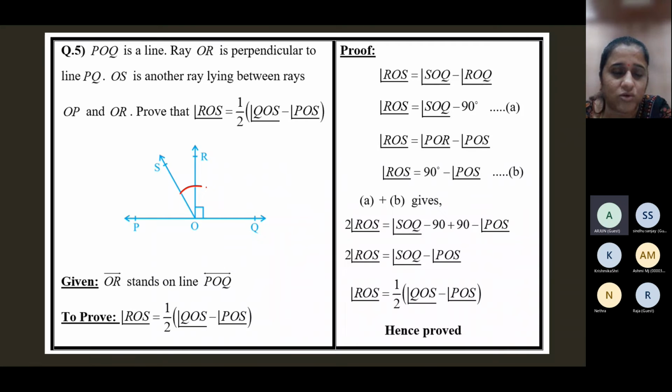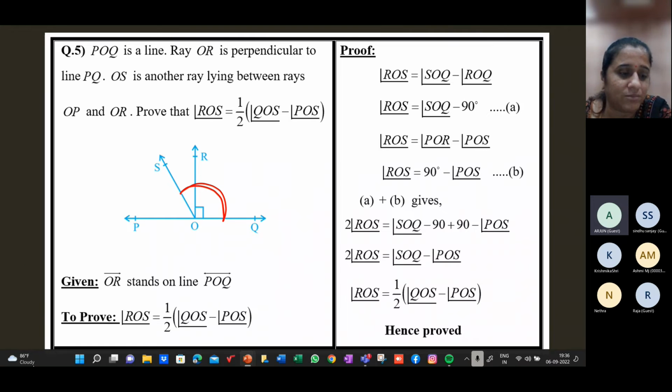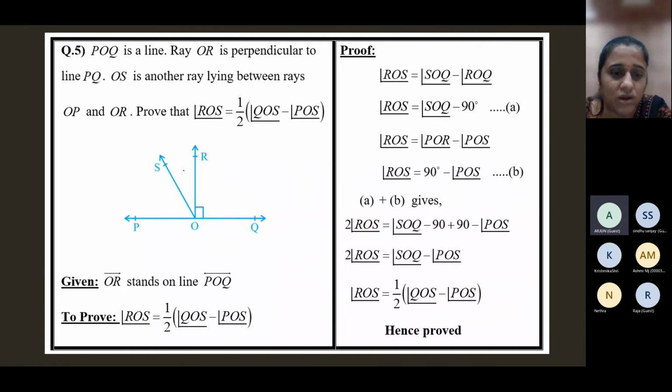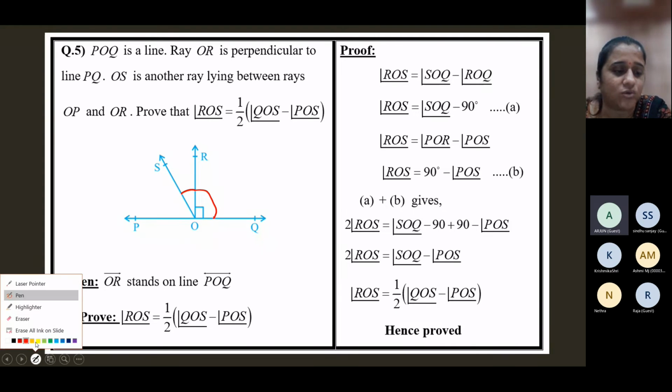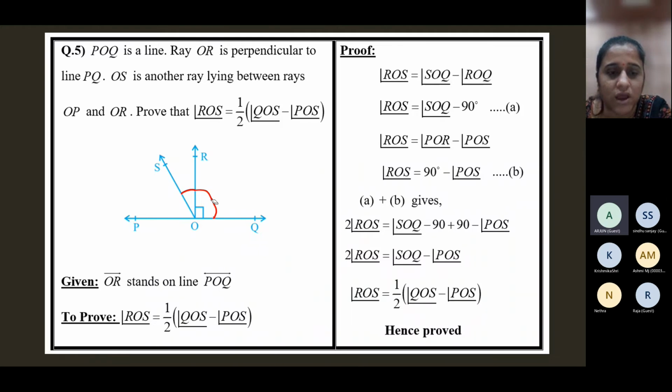This is SOQ. Let me do it like this. Now I have marked angle SOQ. Now from SOQ, if I take away ROQ, you're left with ROS.